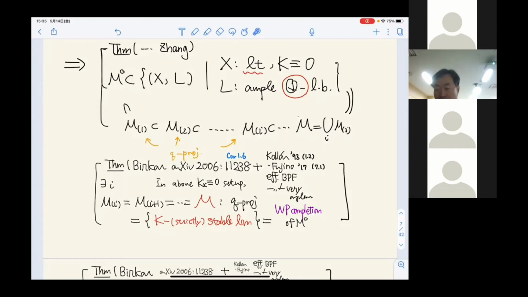And in the K-trivial case, he claimed that this should be bounded. He did not write it in this way, but this is a corollary of his work. At least if you combine it with some effective base point free theorem due to Kollár, corrected by Fujino, we get this statement.